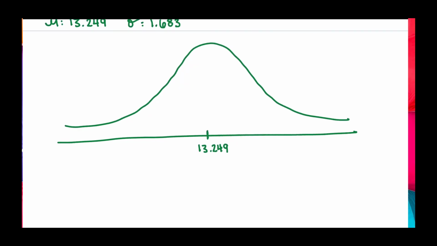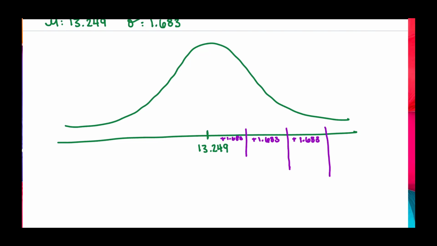So what you're going to do is add the standard deviation 3 times. So you're going to add 1.683, and you're going to add it again, plus 1.683, and then you're going to add it again. And you can use your calculator to help you do this, but you're going to add it 3 times.